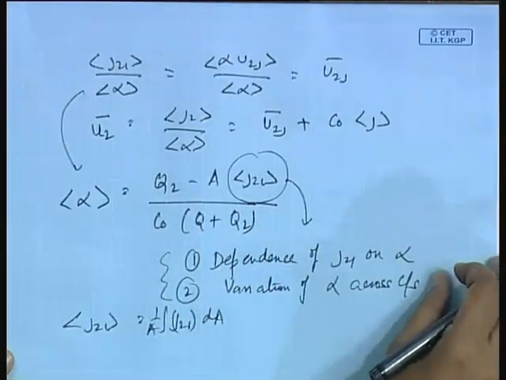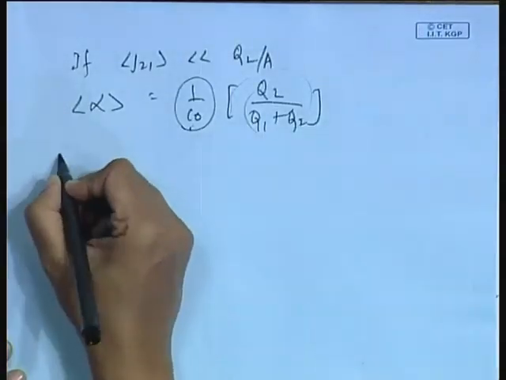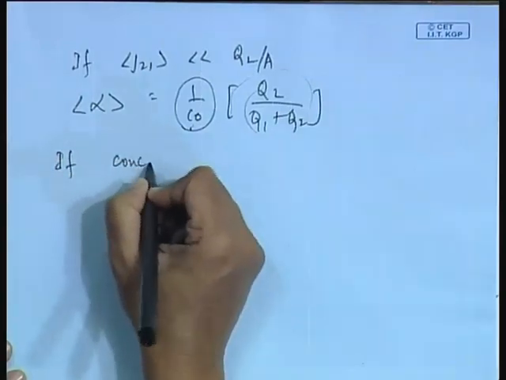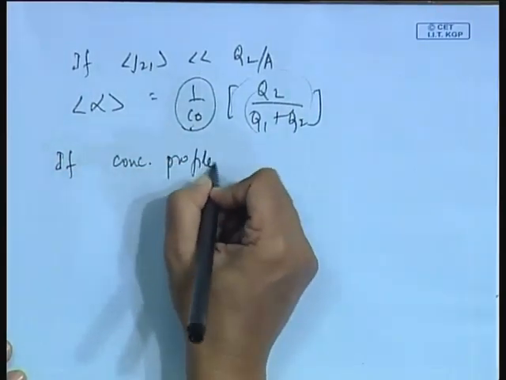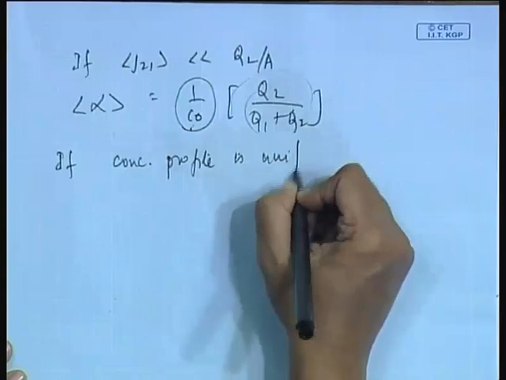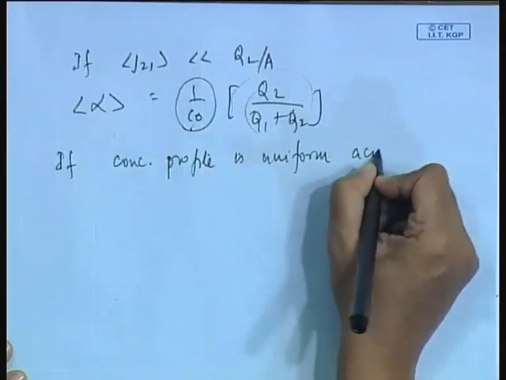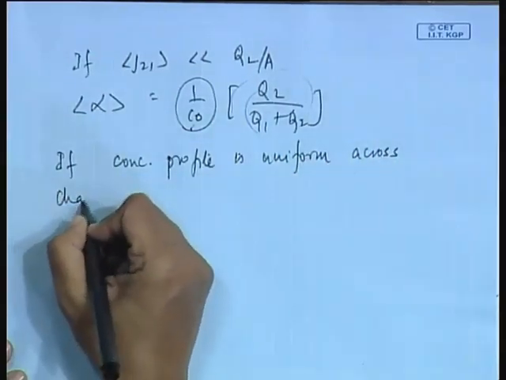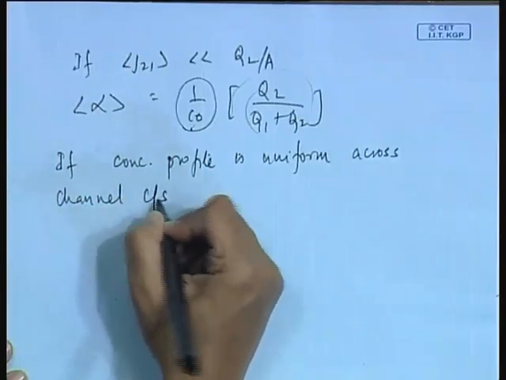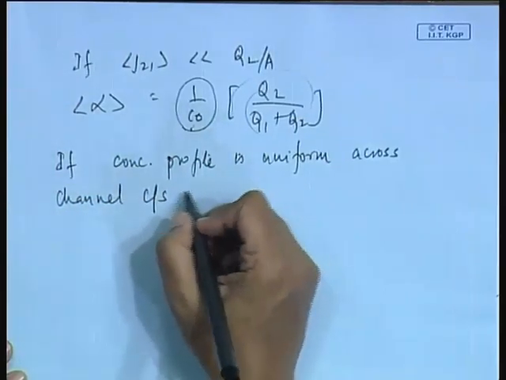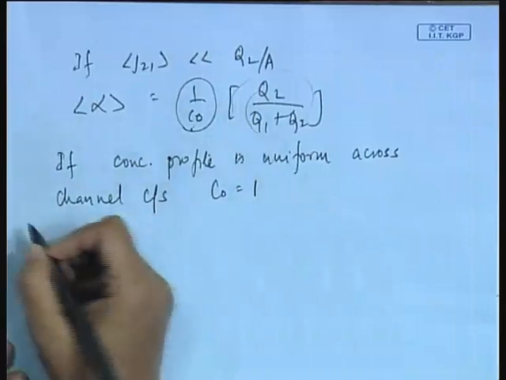This is the thing which I would like you to know: if the concentration profile is uniform across the channel cross section, C0 equals 1.